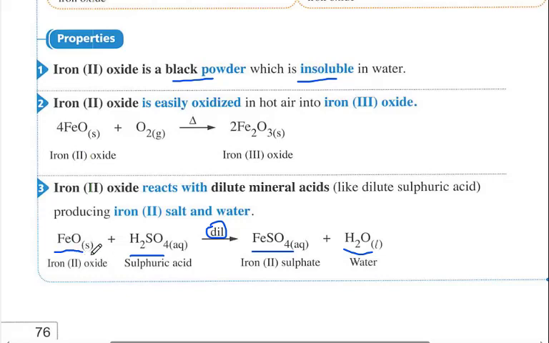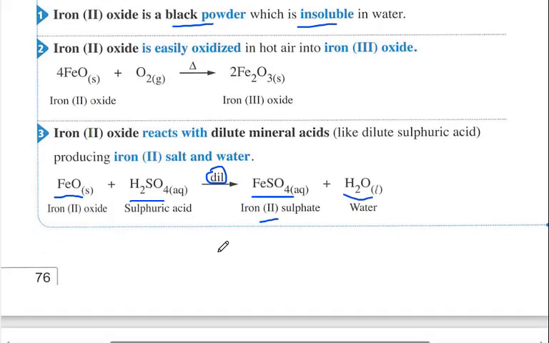It forms iron 2 salt, like iron 2 sulfate and water. So the very important notice here is that iron 2 oxide reacts with dilute acids with no heat.